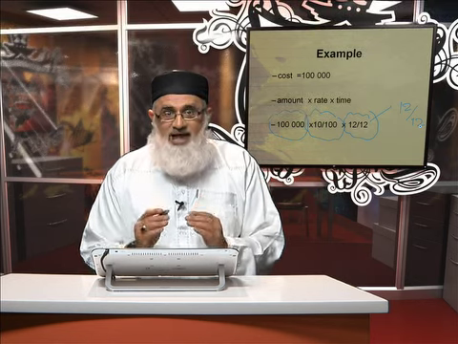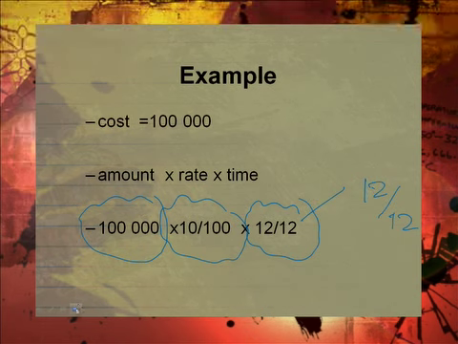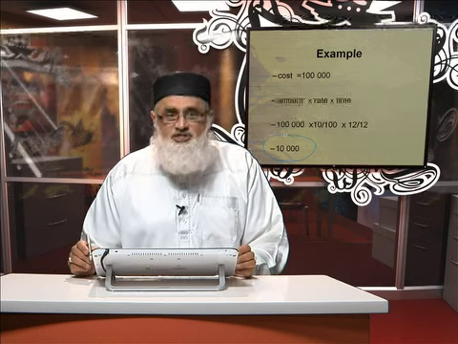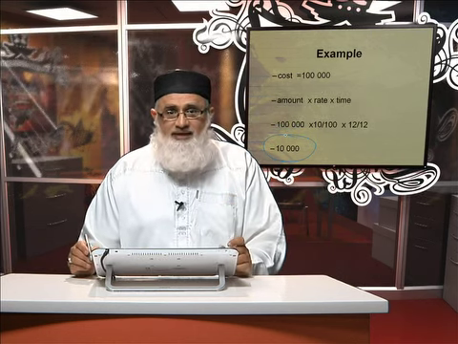Is that clear? Obviously, your amount will be 10,000 Rand. Take your calculator: 100,000 times 10% times 12 divided by 12. You will come to an answer of 10,000 Rand. That is your depreciation for the period under review.